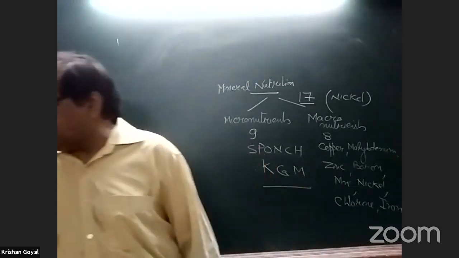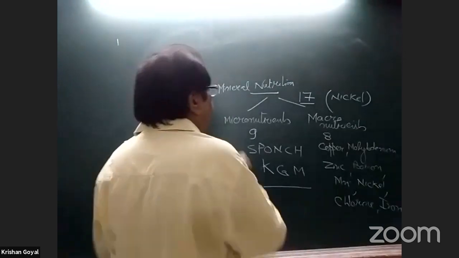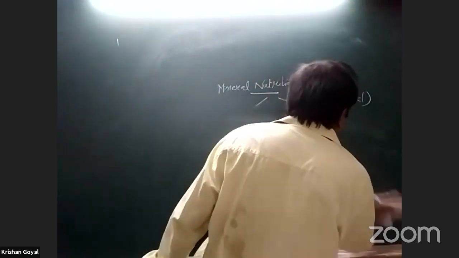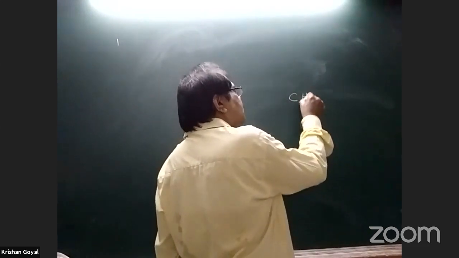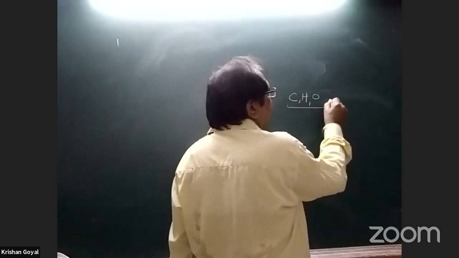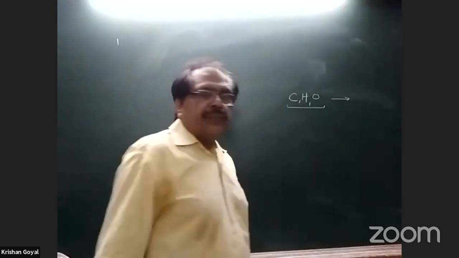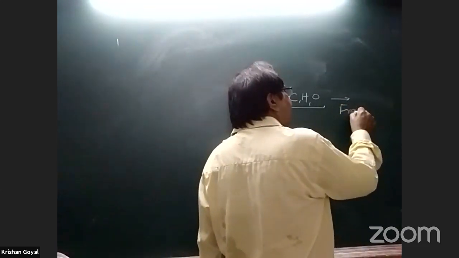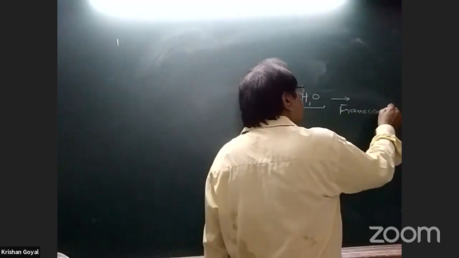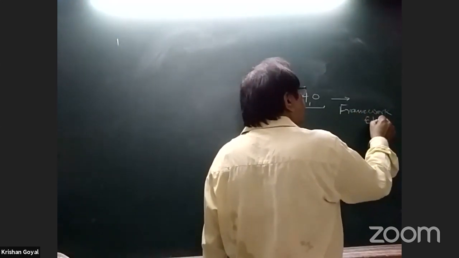Now let us discuss the role of the important ones one by one. Coming to carbon, hydrogen, and oxygen, they are called the framework elements.